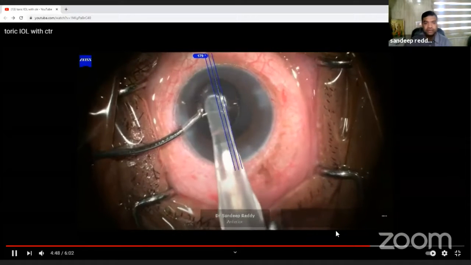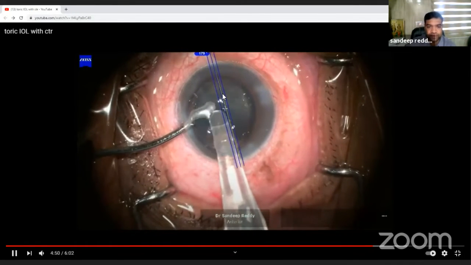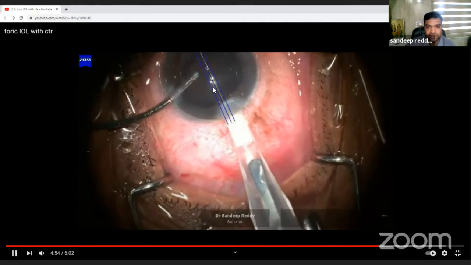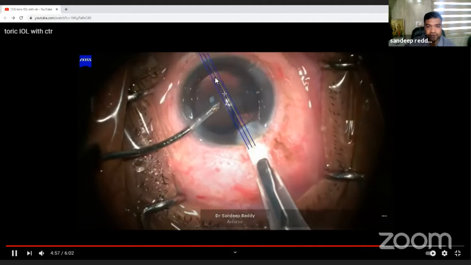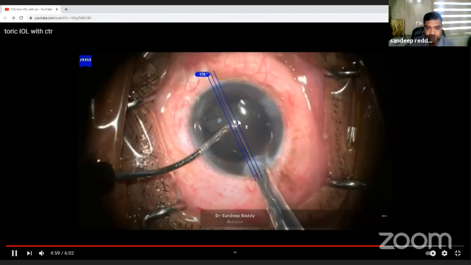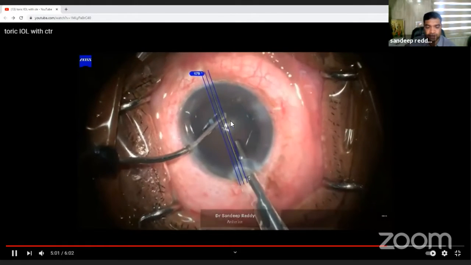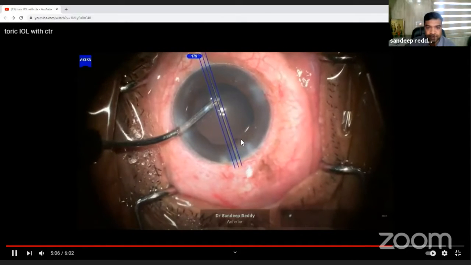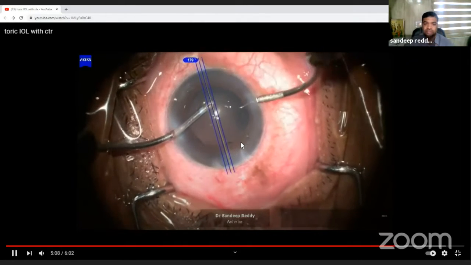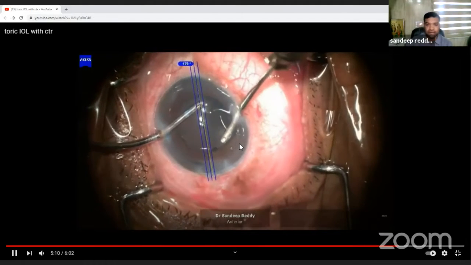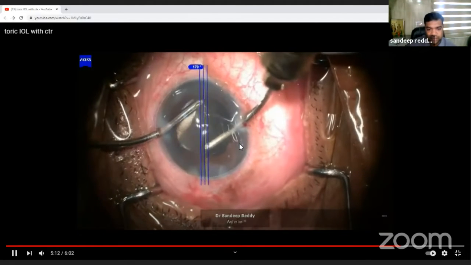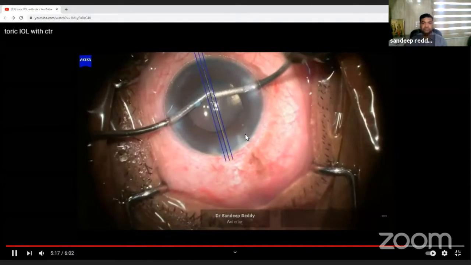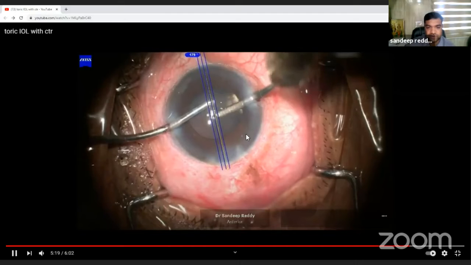So this is how the marker shows. You have 3 lines that show the alignment of the IOL. Generally you have to keep the toric marks on the IOL as parallel as possible to these lines. So I'm using a plate haptic Zeiss toric lens, which comes in 0.5 diopter variations, which gives us a very good option.